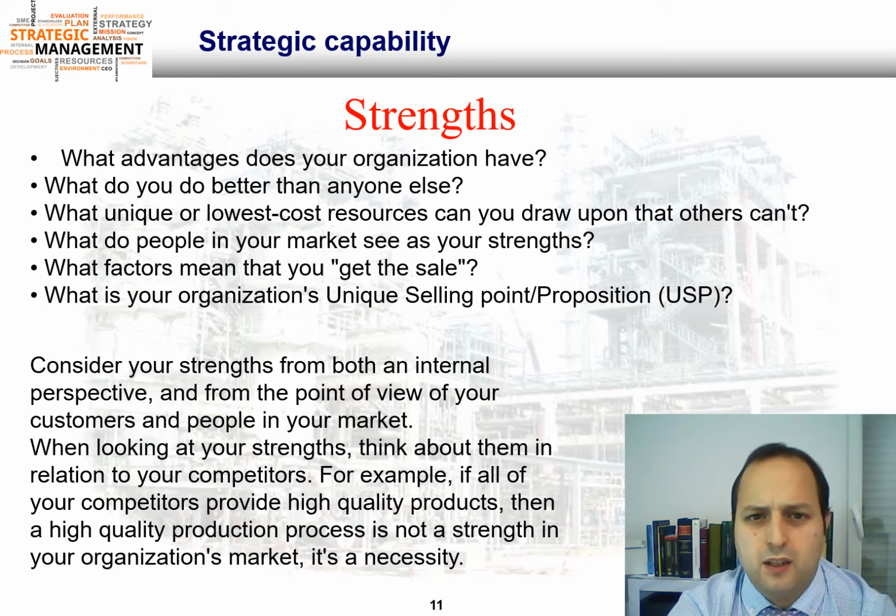For example, in the case of strengths, we have to wonder what advantages the organization has, what you do better than anyone else, what unique or lower cost resources the company can draw upon that others can't, what people in your market see as your strengths, what factors mean that you get the sale, or what is your organization's unique selling point.